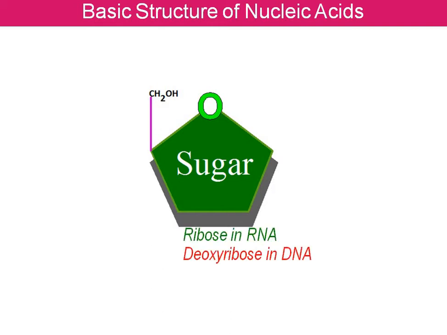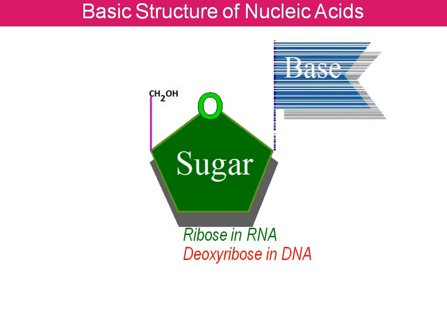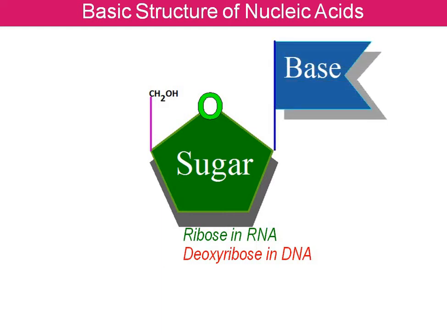Now, the sugar that is present in RNA is ribose, and the sugar that is present in DNA is deoxyribose. Now, at the carbon 1 position of this sugar, a nitrogen base is attached, which is the second component of a nucleic acid.